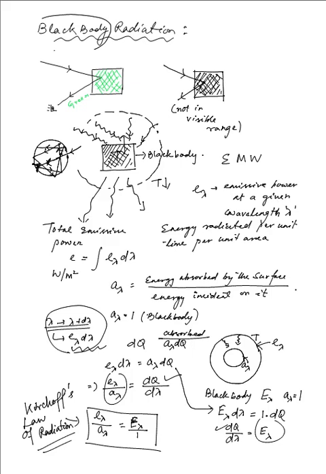And as it is constant for all the bodies involved, it also tells us that good conductors or good absorbers are also good emitters, and vice versa, where good emitters are good absorbers of energy.